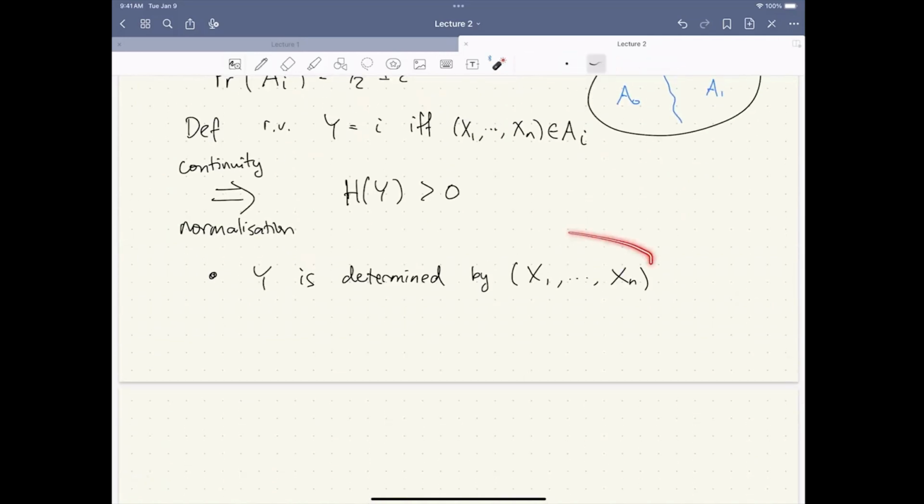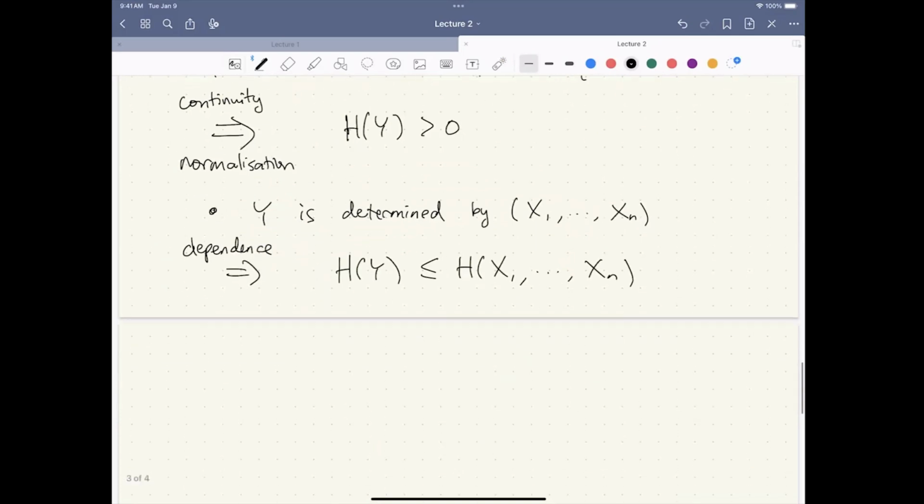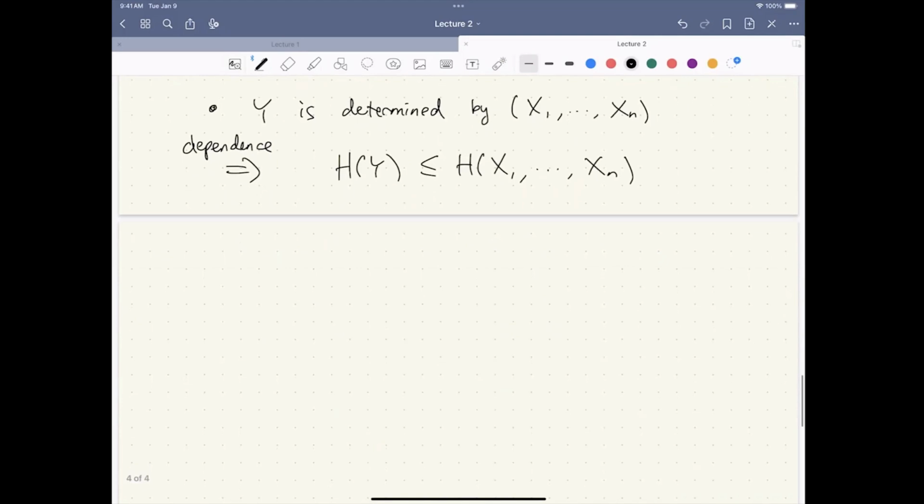If we have one random variable that is determined by another, then the entropy of this one is at most the entropy of the other. Let's call this property the dependence property. The entropy of Y is at most the entropy of X1 to Xn. So I need to prove it for you right after this.